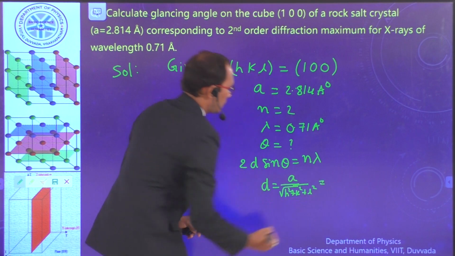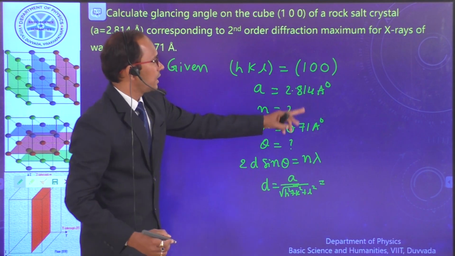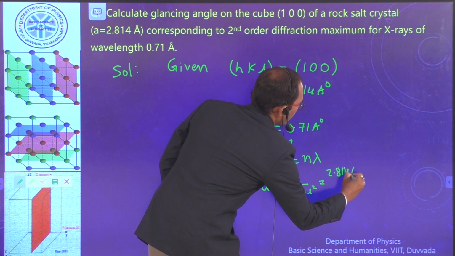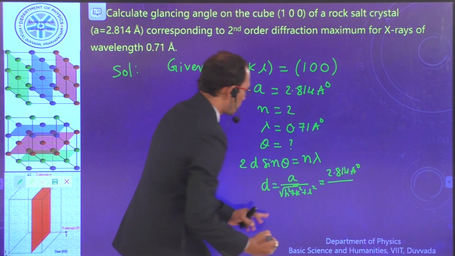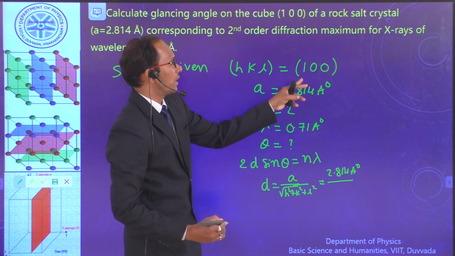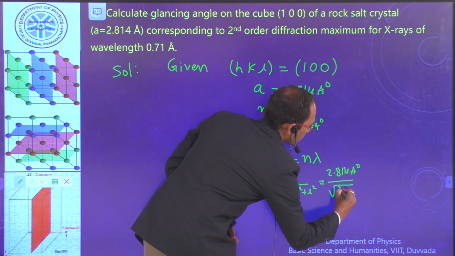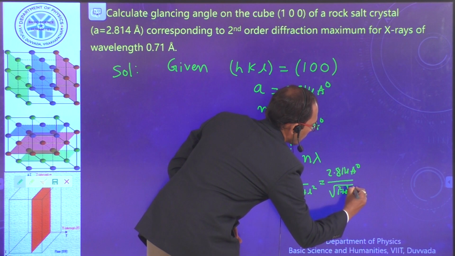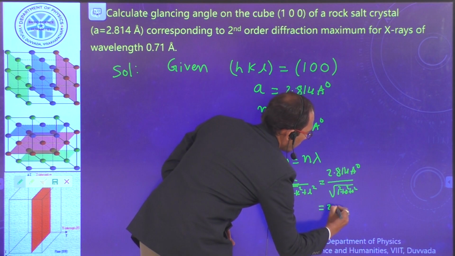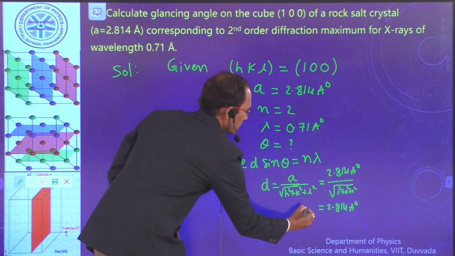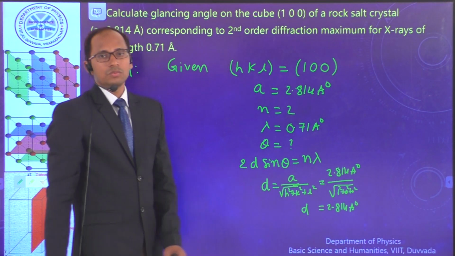So d is equal to 2.814 angstrom by square root of 1 square plus 0 square plus 0 square. It is again 2.814 angstrom. That means we got the d value.